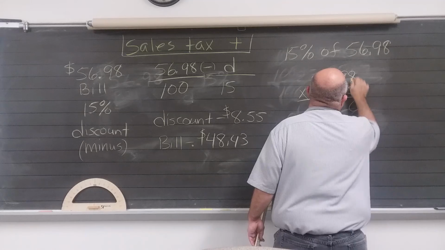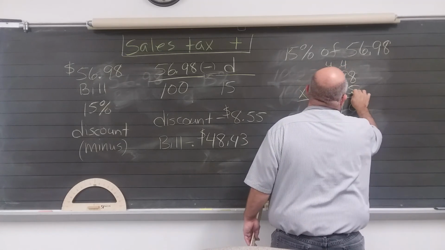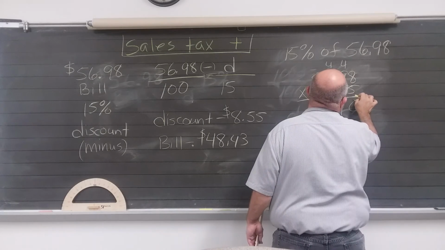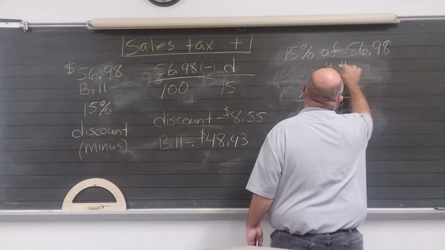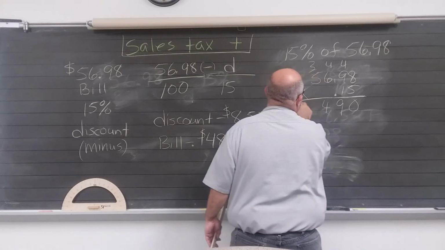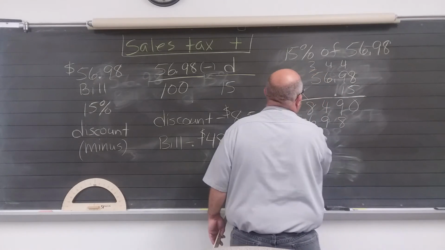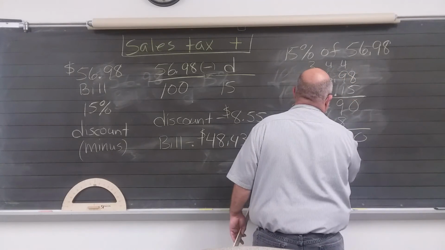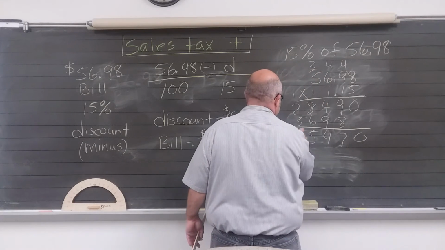8 times 5, 40, 45, 49. What am I doing? 40, 45, 4, 34, 28, 8, 9, 6, 5, 0, 7, 1, 4, 1, 5, 1, 8.